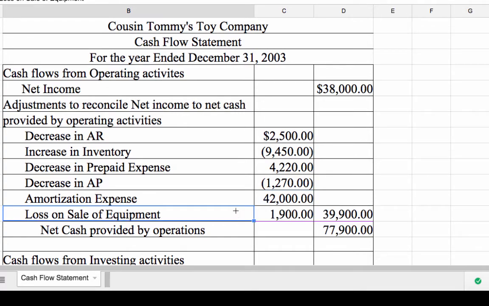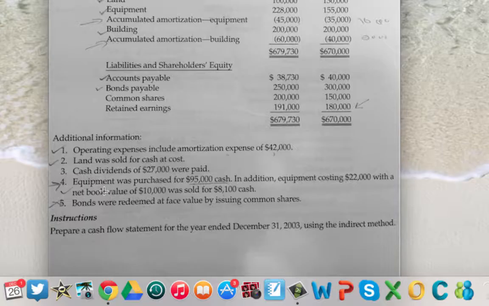And of course, there's a loss on sale. Let's look at that. In item number 4 here, it says equipment was purchased for $95,000 cash. So you're going to see we're going to spend that cash in the investment section. It says, in addition, equipment costing $22,000 with a net book value of $10,000 was sold for $8,100 cash. This $8,100 cash that we received will go in the investment section too.